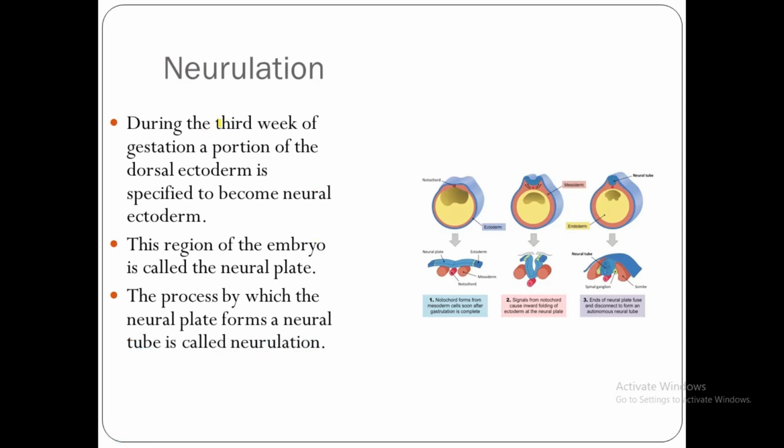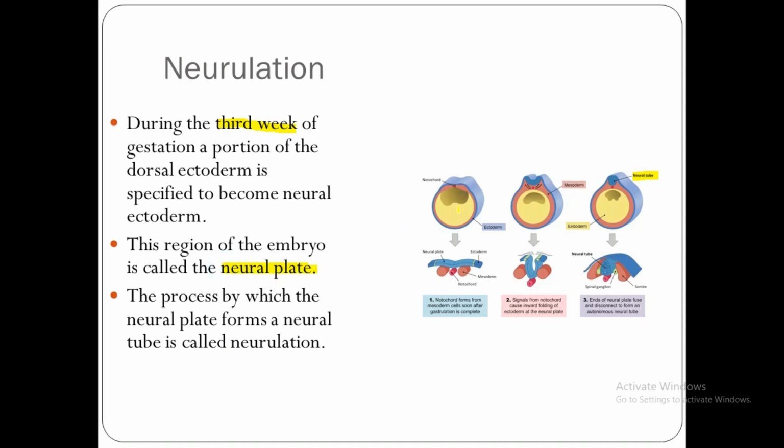This happens during third week of gestation, in which you find a dorsal ectoderm, one of the portion here, get modified, and a tube-shaped structure is formed. This process, the formation of the neural tube from the ectoderm, is known as neurulation.